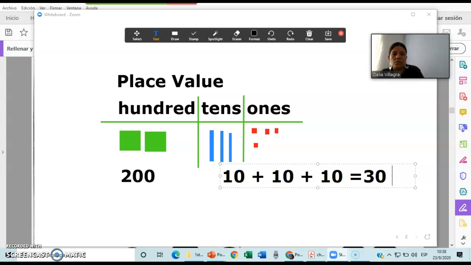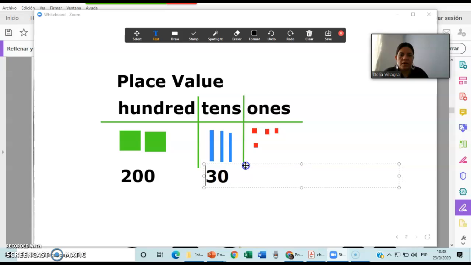So at the end, I just make the addition and my answer is going to be 30. So I have 3 tens that represent 30. And then I have how many ones? 1, 2, 3, 4. So I just count 4.